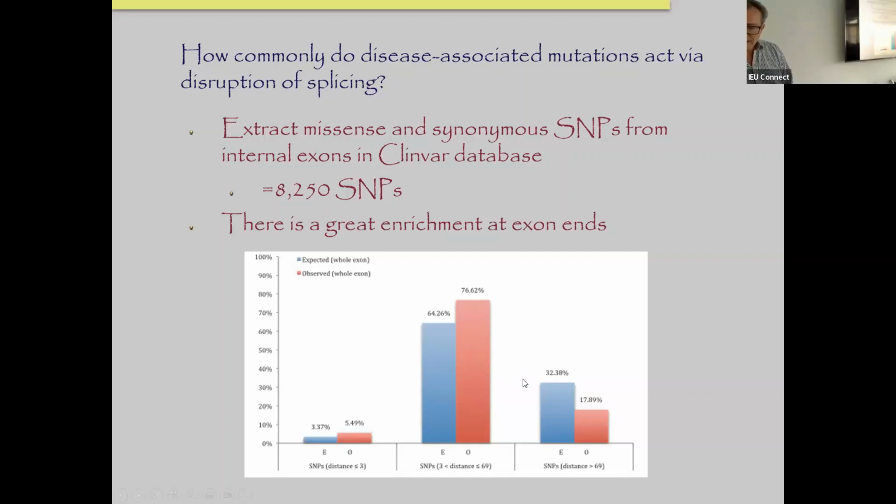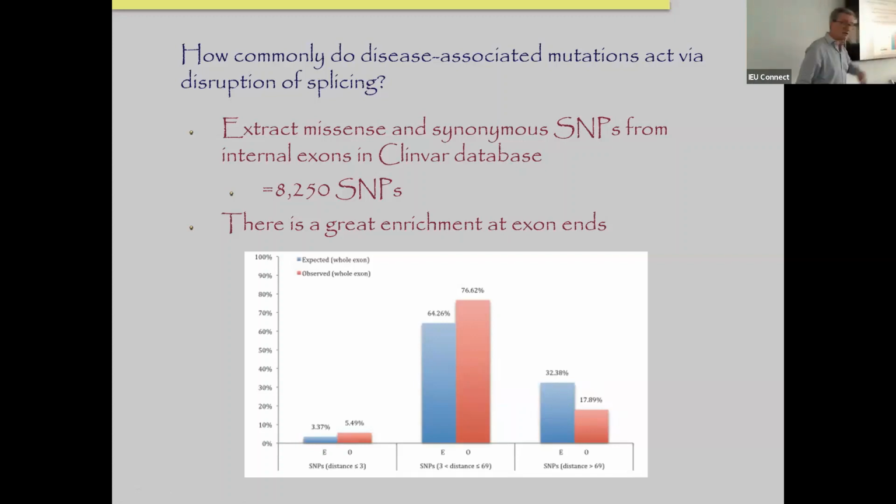The more interesting result is this comparison here, because what you see is that in exon cores, you have almost half the number of disease-causing mutations that you'd have expected by chance. That's because we think exon cores have nothing to do with splicing to a first approximation. Where are the mutations that cause diseases? They're greatly enriched in these domains towards exon ends.